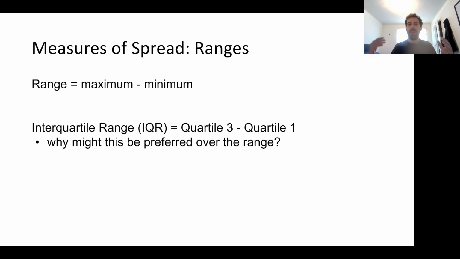So the range is not giving you a ton of information. The data is very spread, but I want to know where the bulk of the data lies, and in that case the IQR is going to be more helpful. We'll talk more about outliers in the future, but these are just data points that are very far away from all the other data points.